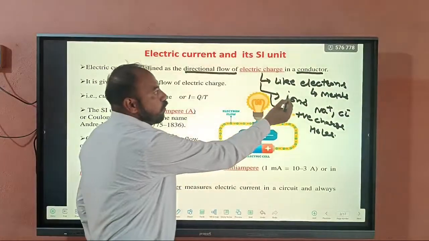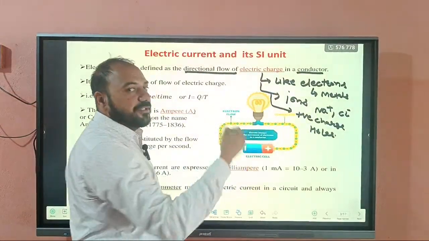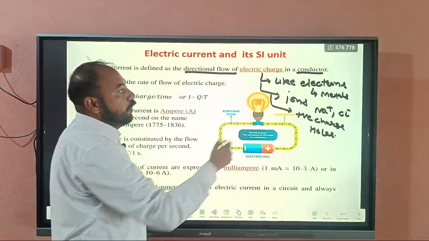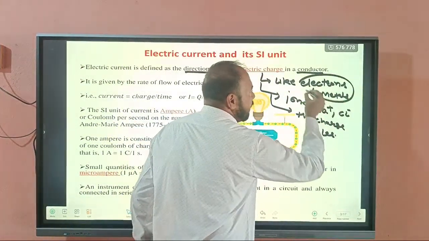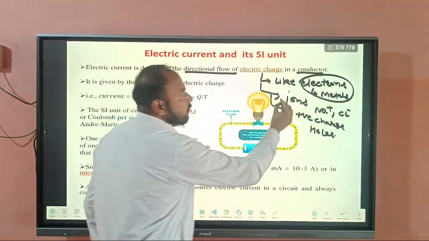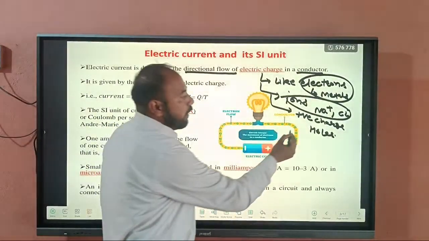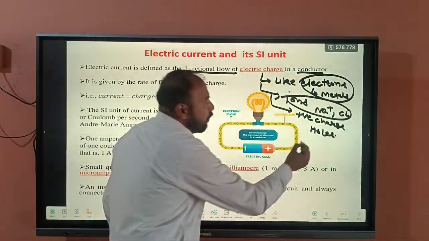These are known as charge carriers, and when these charge carriers flow in a material, they produce electric current. So basically electrons are found in metals, ions are found in ionic compounds like NaCl, and positive charge like holes are found in semiconductors.